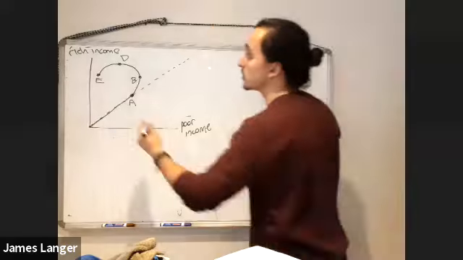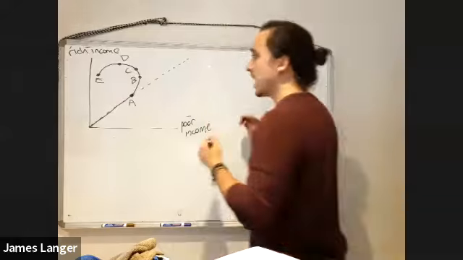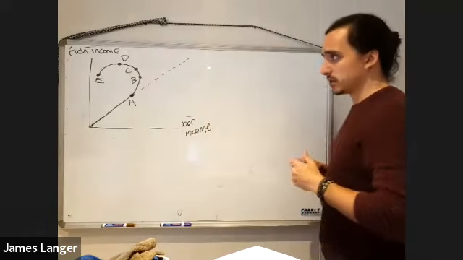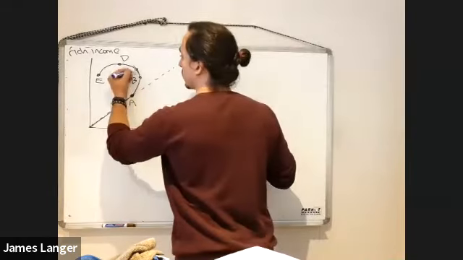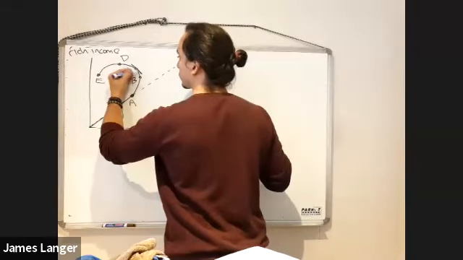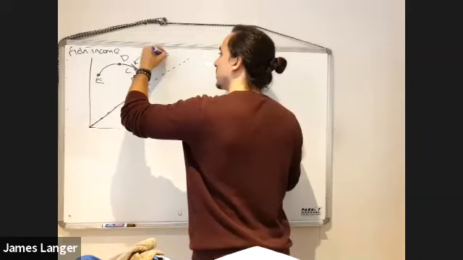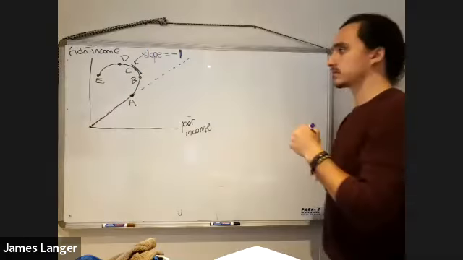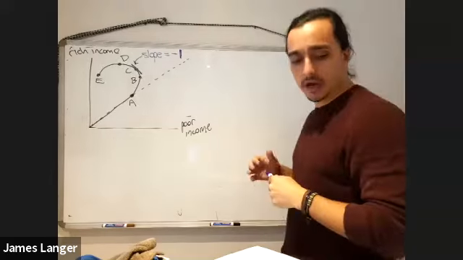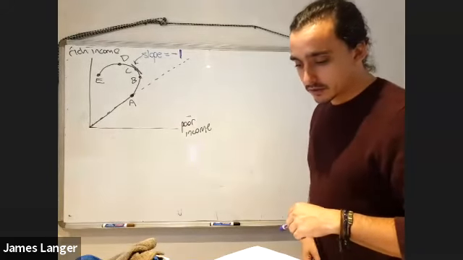And what we want to do is we're going to put a point C now in between. And it's at this point that we're going to draw a little tangent at C. And we're going to say slope equal to -1. All right, slope is equal to -1 at point C.